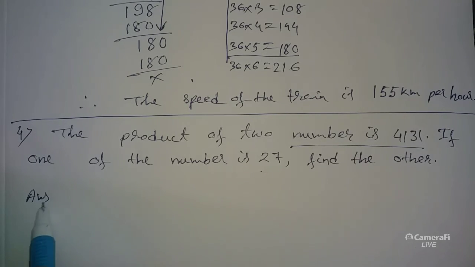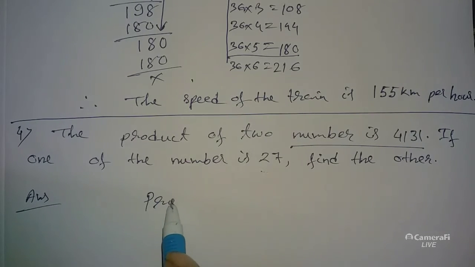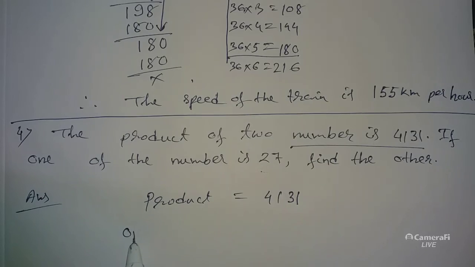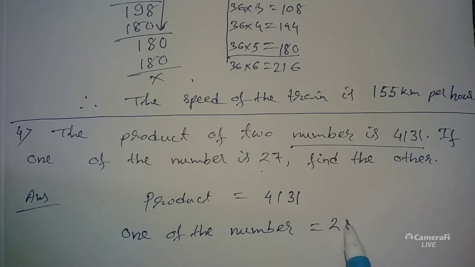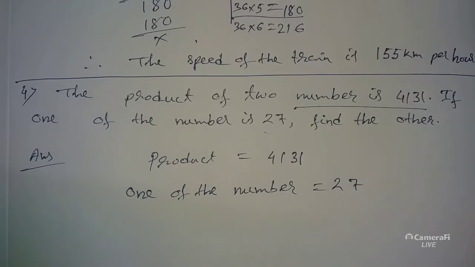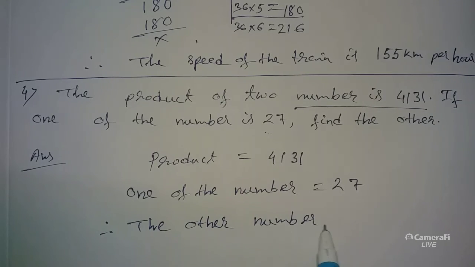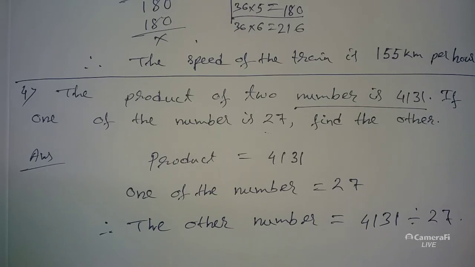So here product equals 4131 and one of the numbers equals 27. To find the other number, therefore the other number equals the product divided by the given number 27.